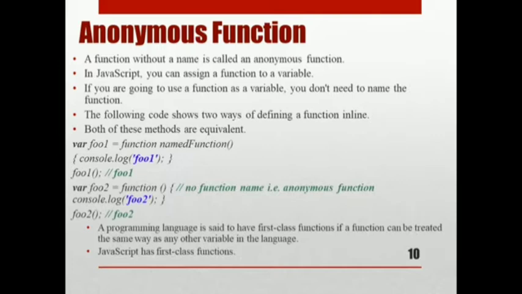In JavaScript we can assign a function to a variable. If you are going to use the function as a variable, you don't need to name the function. Without a name, that function is an anonymous function, and we can assign it to a variable. That means we can use a function as a variable.